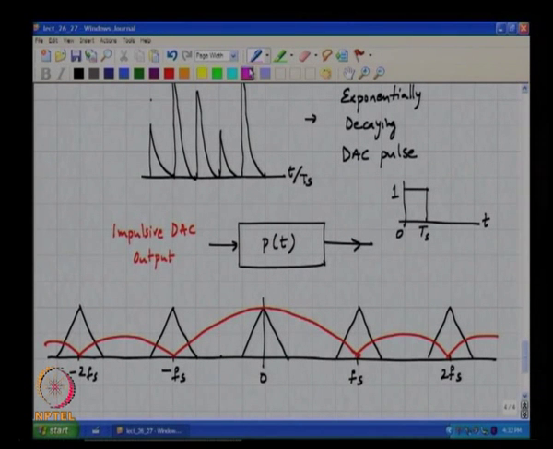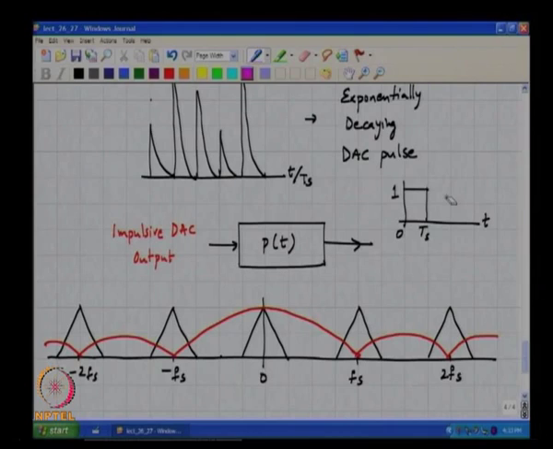For a DAC whose pulse shape is a return to 0 pulse, how will it look like? So, a return to 0 pulse shape, what is the P of t? If you want it to have the same DC gain as the NRZ pulse, then you must have a height of 2, but extends to only half the clock period.